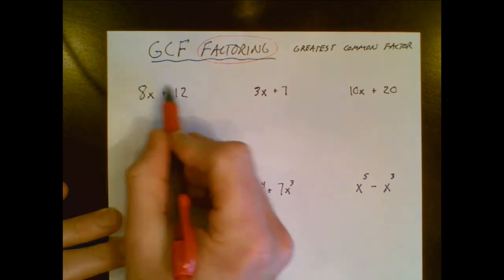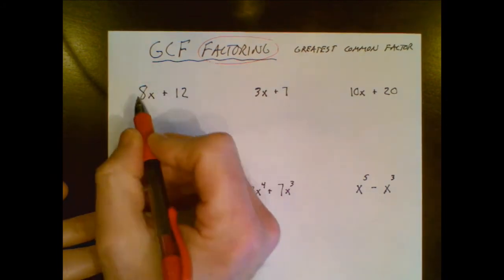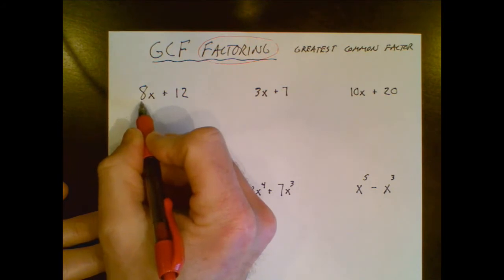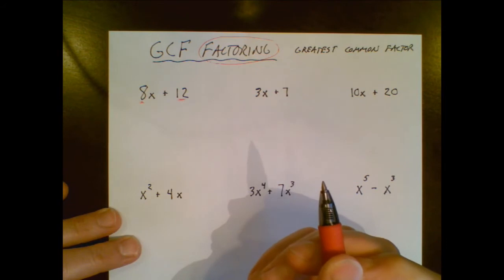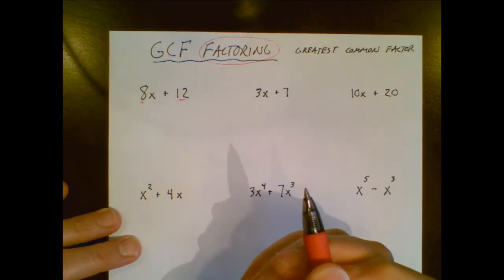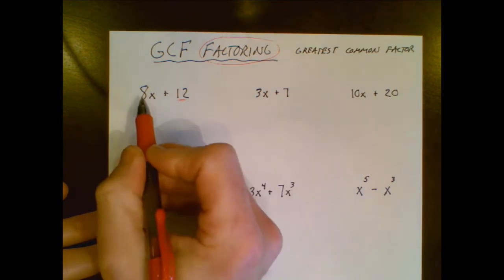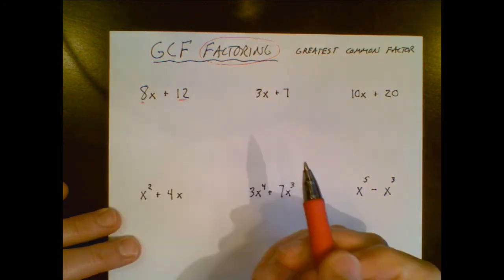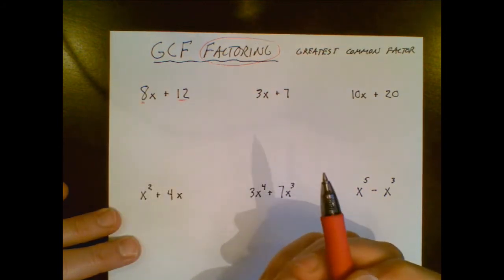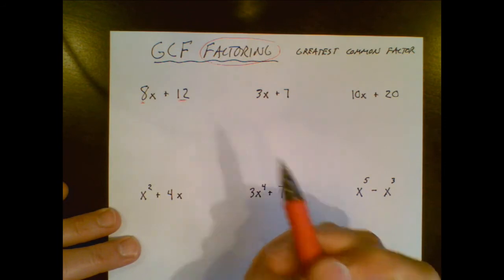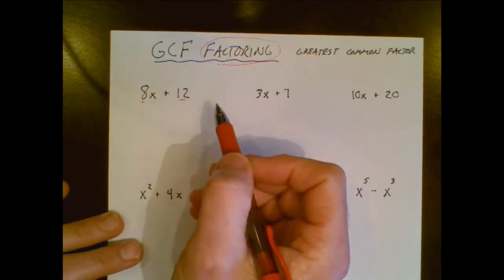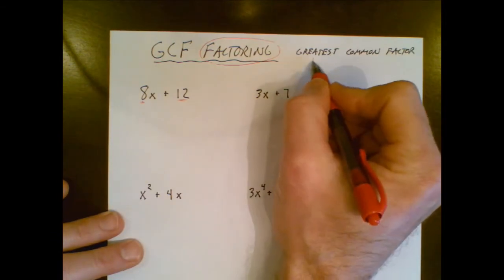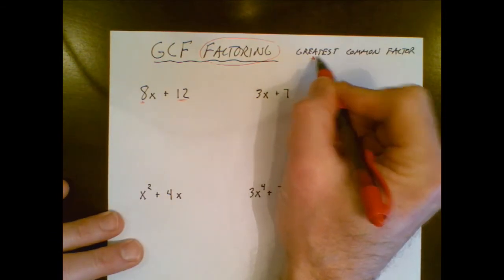On this very first one, 8x plus 12, my eyeballs would look at the coefficients, the 8 and the 12. I want to ask, is there a number that can divide evenly into 8 and 12? The first number you're going to think of is 2. 2 divides evenly into 8, and 2 divides evenly into 12. That's good, but we want the greatest common factor.